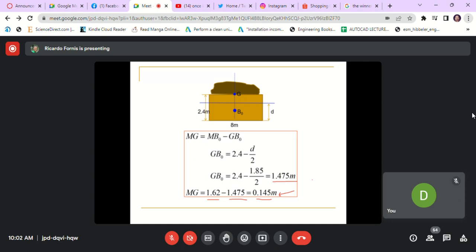Okay, so if MG, but would you agree? Would you agree on that? Stable siya. If you use your common sense, is it really stable?